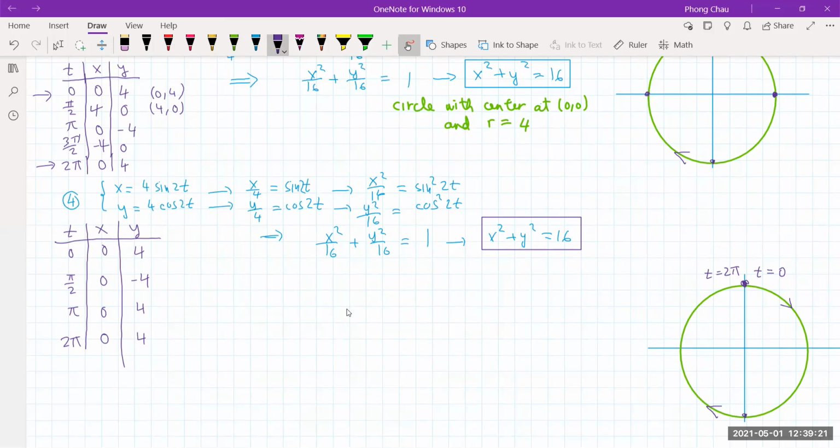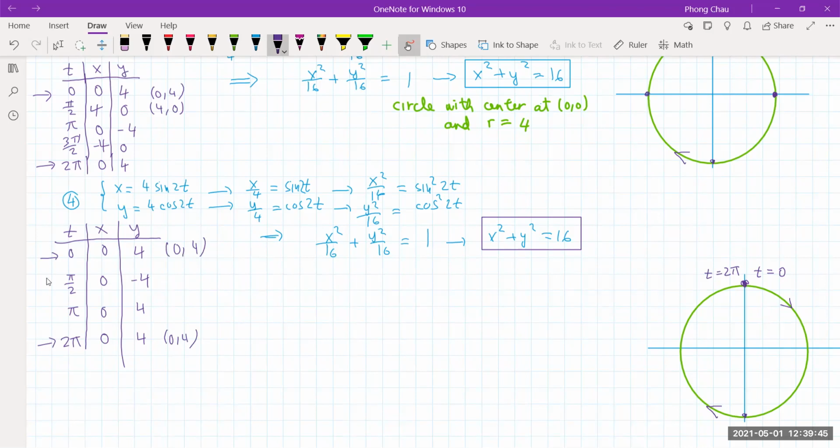So at the beginning, the initial point, we are at 0, 4, and that doesn't change. When t equals 2 pi, the terminal point, we are still at the point 0, 4, right? So it doesn't change.